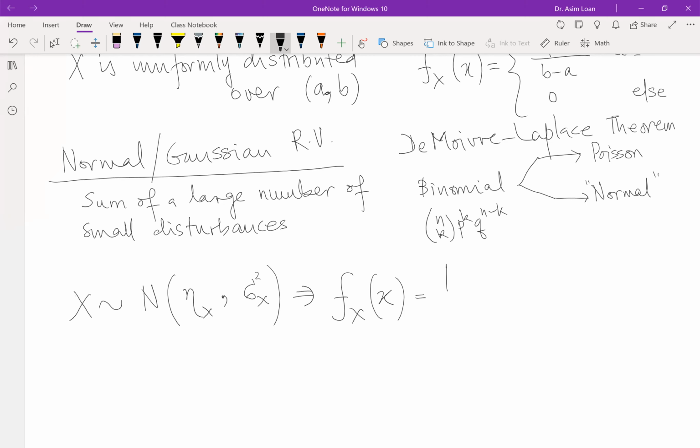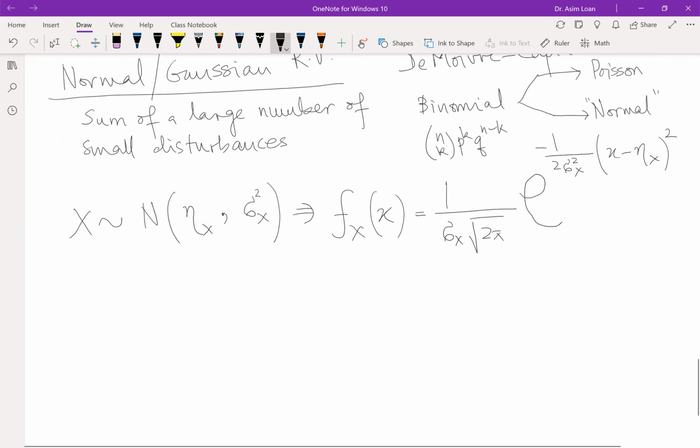So this fx of x is 1 over sigma x root 2 pi e to the minus 1 over 2 sigma square x times x minus eta x whole square.